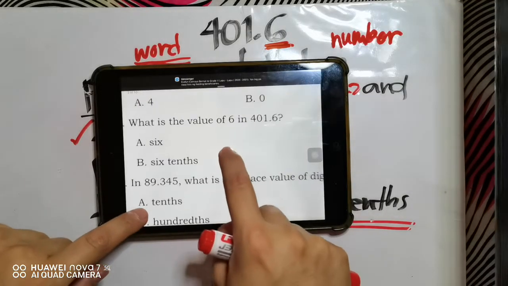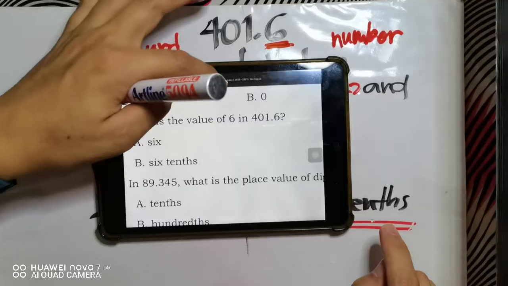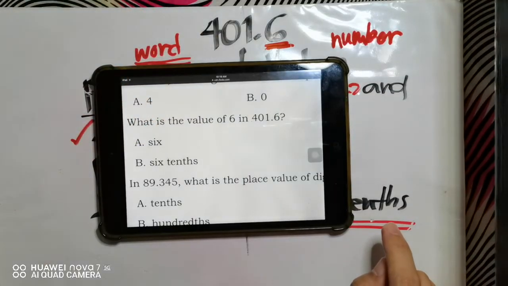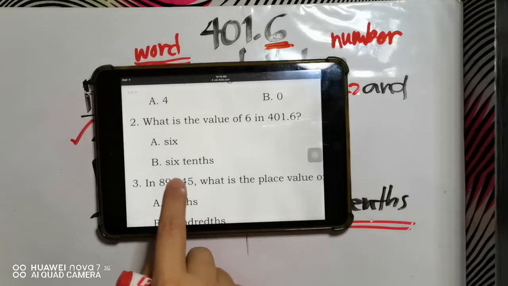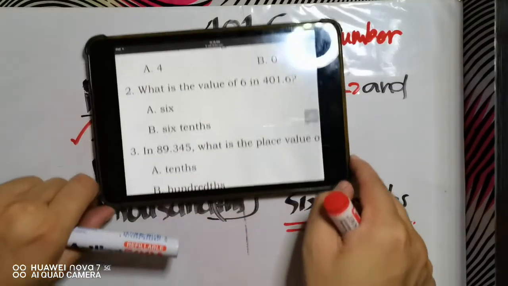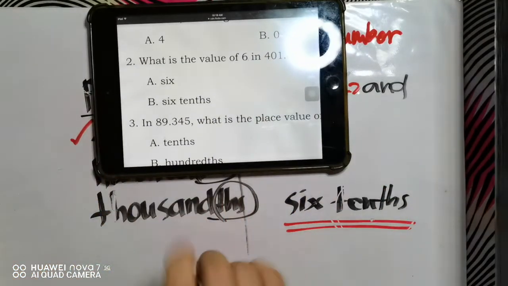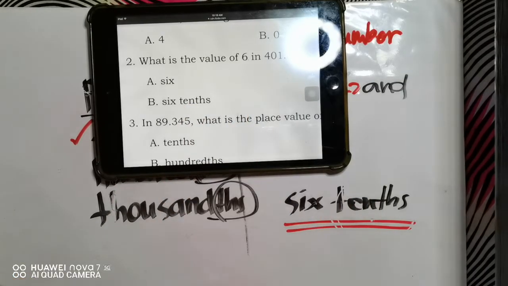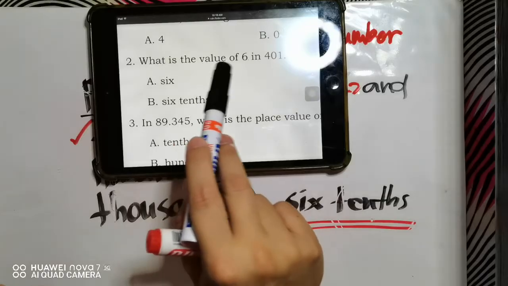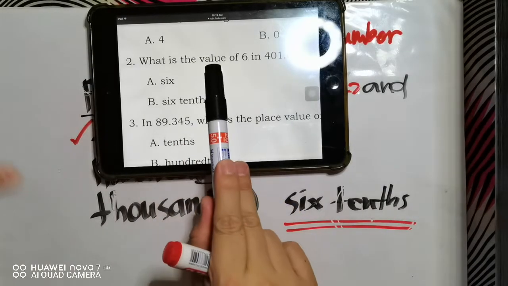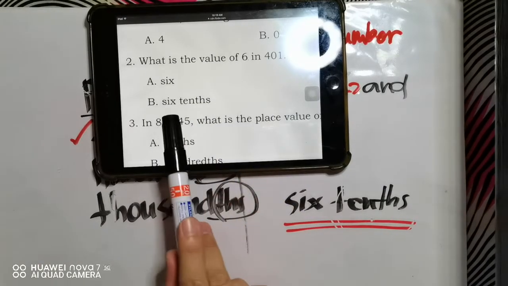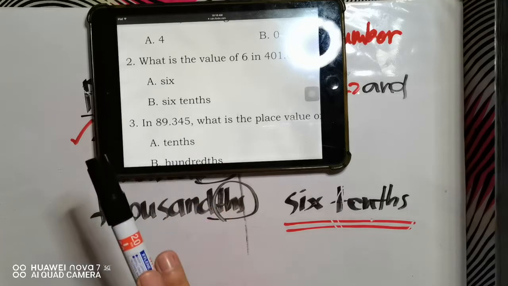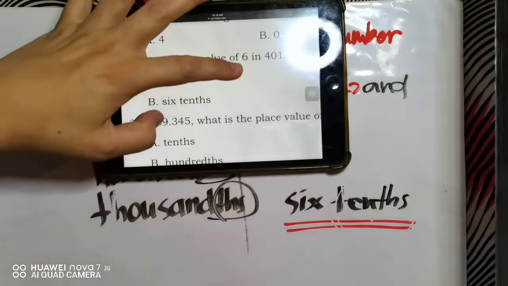So, ito, 6/10. Pasensya na at medyo nagloloko na yung tablet na ginagamit ko dahil luma na siya, kaya naghahang. Okay? So, the answer here is 6/10. So, you can see, meron siyang sinulat na place value doon, tenths. Pero, since ang tinatanong sa kanya ay yung value, you have to include the number 6/10. Okay? Again, next.